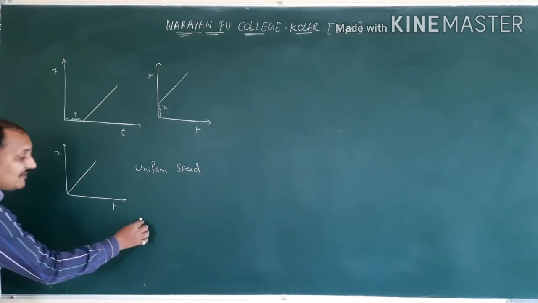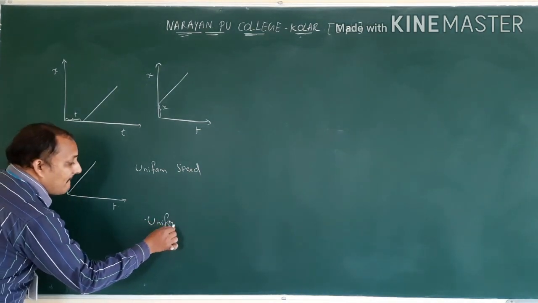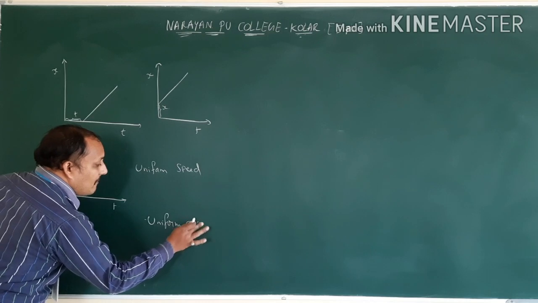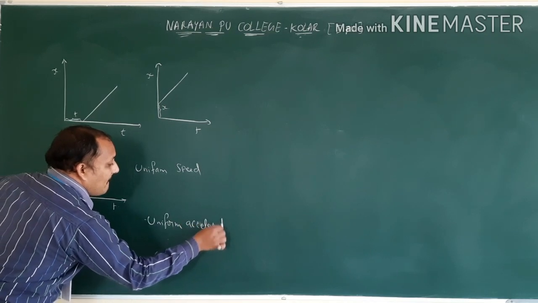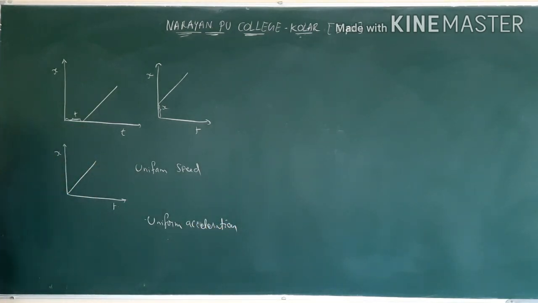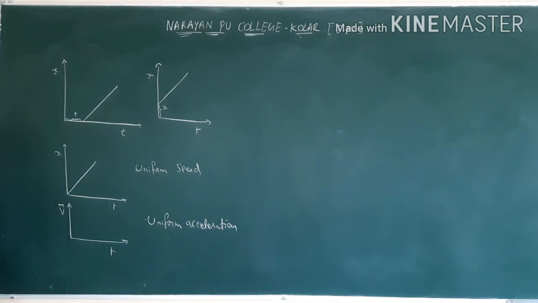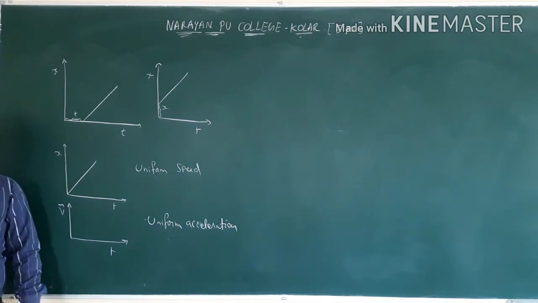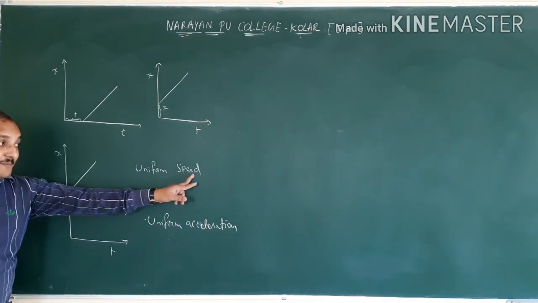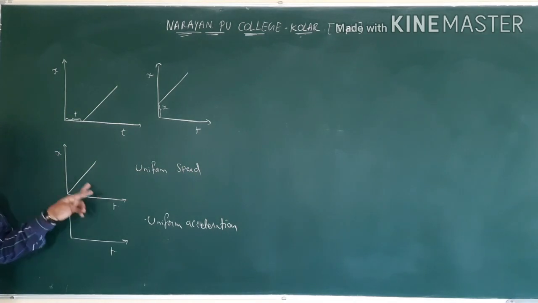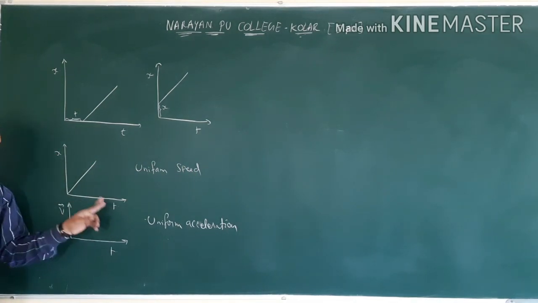Now the object is moving with uniform acceleration. Then how will the velocity time graph come? With uniform speed or velocity, the position time graph we got like this.